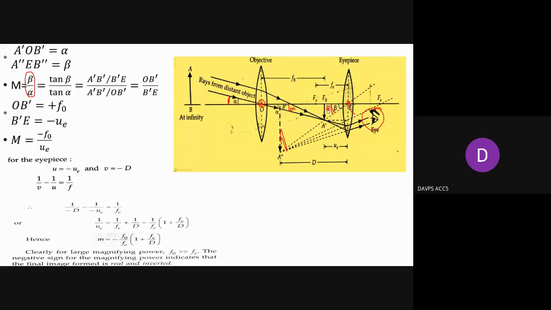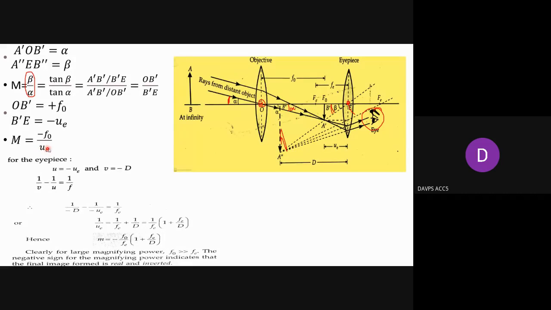That is why the B dash E distance is taken as ue, the object distance for the eye lens. As it is on the left side, it is taken negative. So finally, the magnification is minus f naught by ue, because ue is minus. That is the magnification.